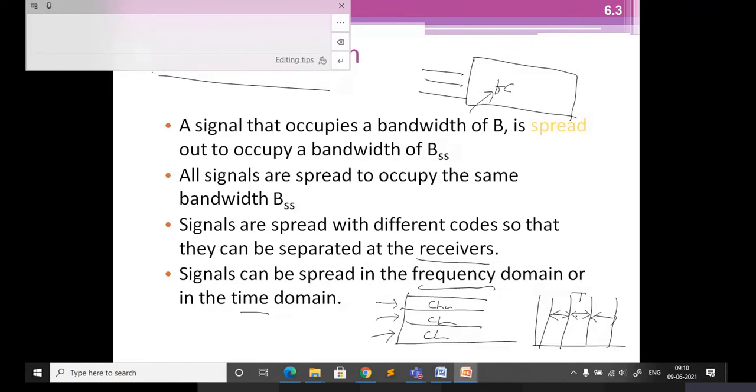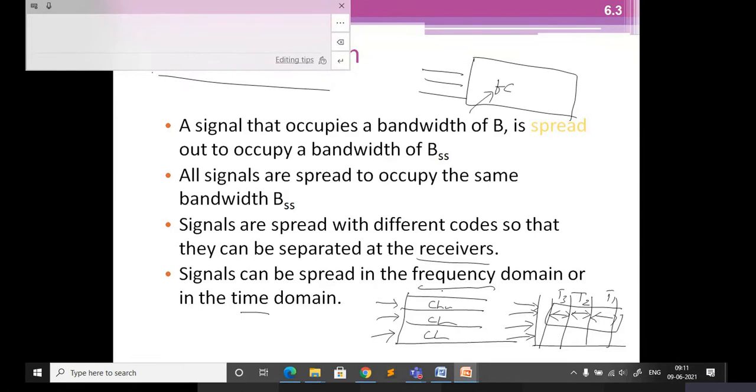Yesterday I was explaining many terms with respect to time domain multiplexing. This slot may be for device 1, this for device 2, with equal intervals of time. How many slots will there be in a frame? It depends on the number of incoming input signals, the number of devices sending data.